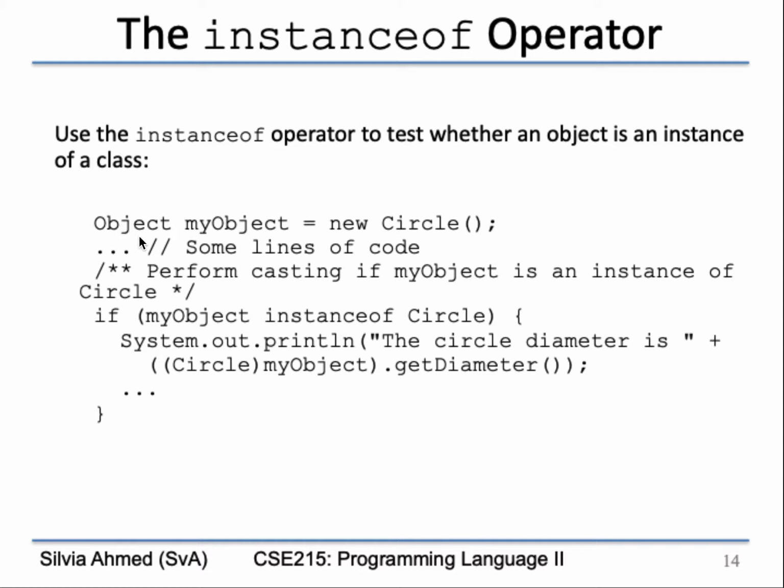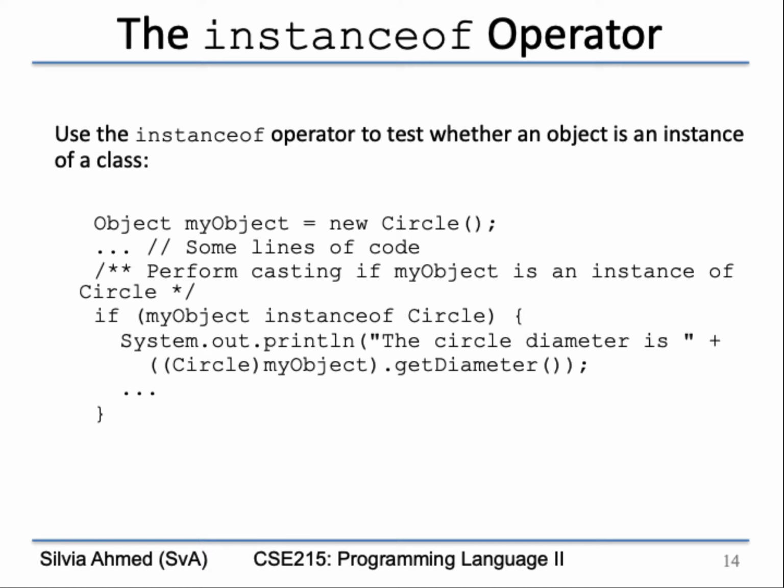The declared type of myObject is Object and the actual type is Circle. After some time in the code, if we want to invoke the getDiameter method directly on myObject, that will be an error, because to the system myObject is of type Object and the Object class does not have any getDiameter method.